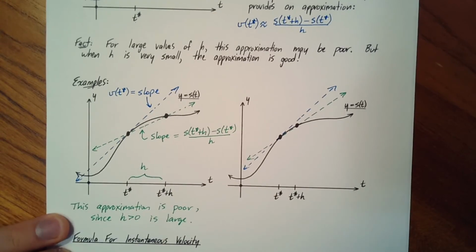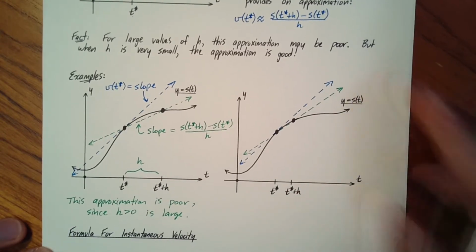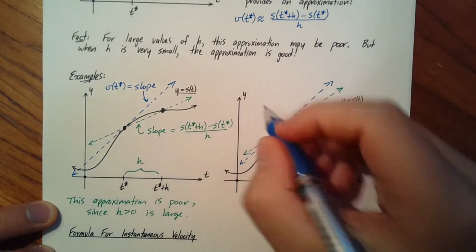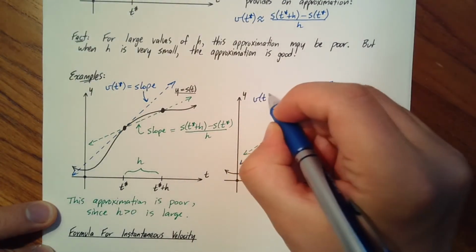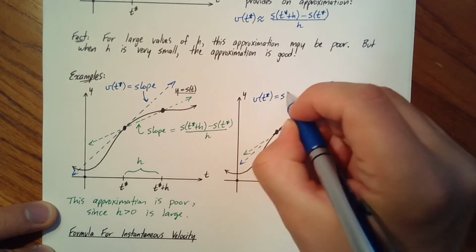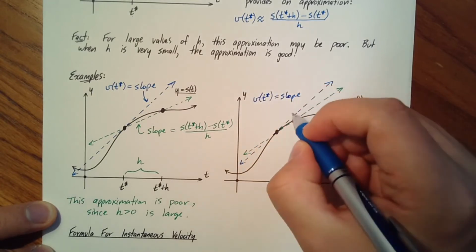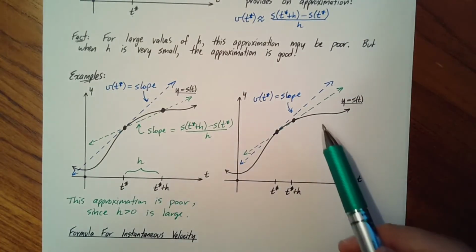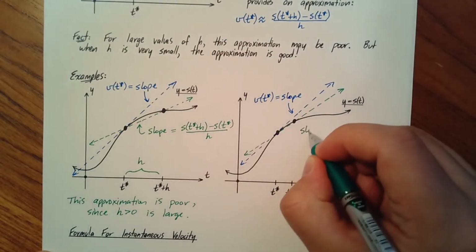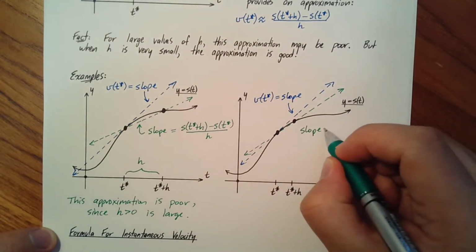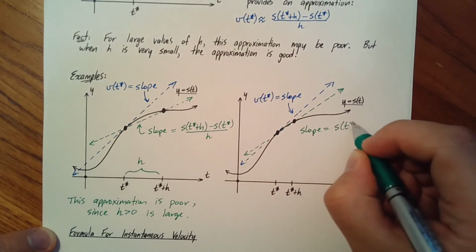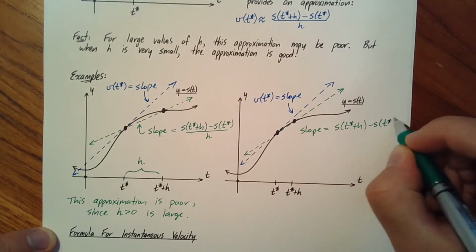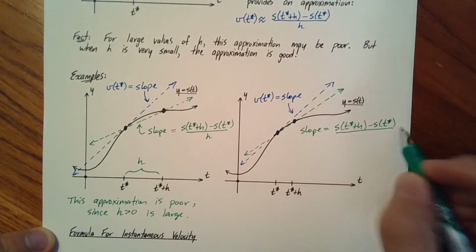Let's fill the labels in for this picture just for practice to remind ourselves what everything is. So the slope of the tangent line is your instantaneous velocity v of t star. This may seem repetitive, but it's good practice. Give yourself a chance to absorb these ideas. And then the slope of the secant line is given by the approximation s of t star plus h minus s of t star all over h.